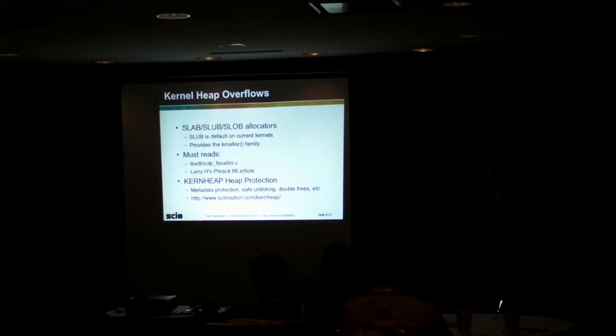Now there is KernHeap, which was just released a few months ago, which is a heap protection from the guys at Subreption, also Larry, which provides metadata protection, safe unlinking, protection against double frees, checking of uninitialized memory usage, a lot of different functionality that can harden your kernel against these heap-based overflows.